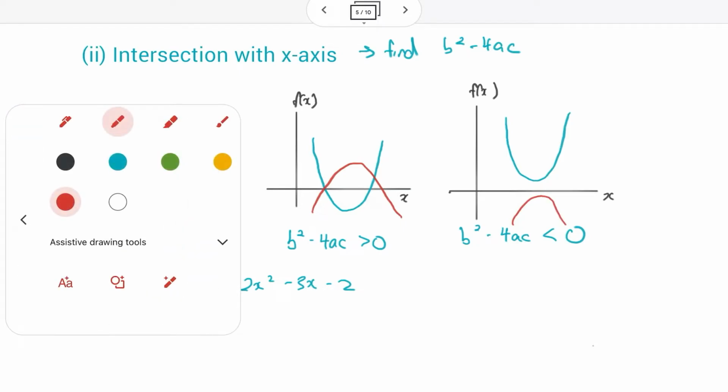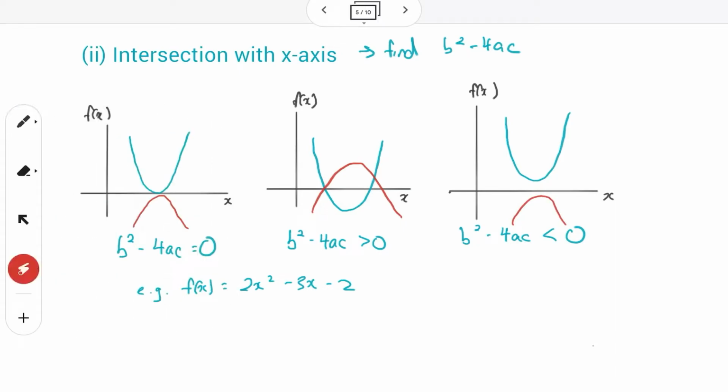So for a simple example, below we have an equation, f(x) equals 2x squared minus 3x minus 2. All we have to do is find b squared minus 4ac, subbing the values in. b is negative 3, a is 2, c is negative 2. And remember, the negative values are also very important. If c is a negative value, be sure to input the negative value in.